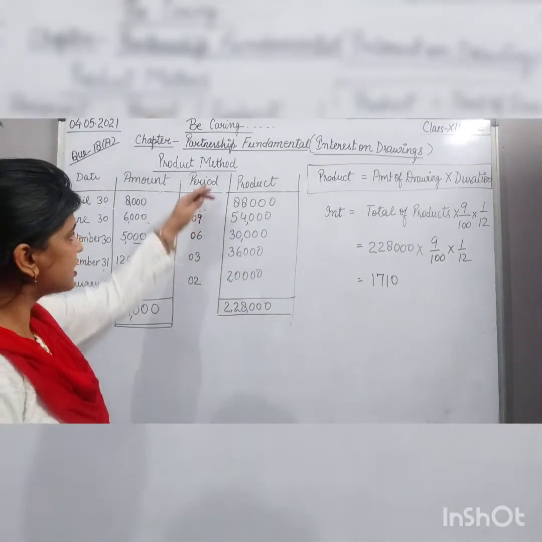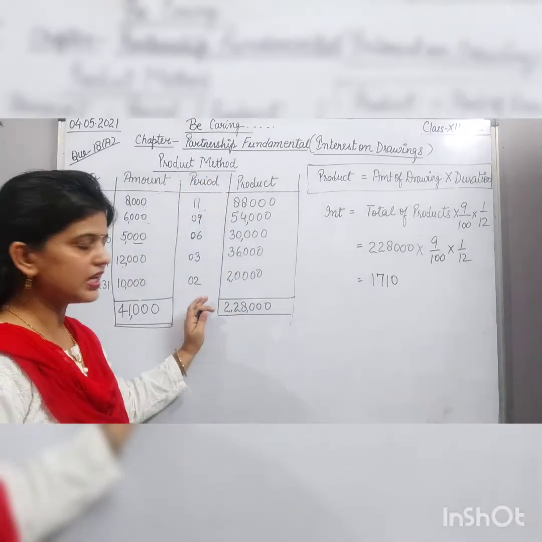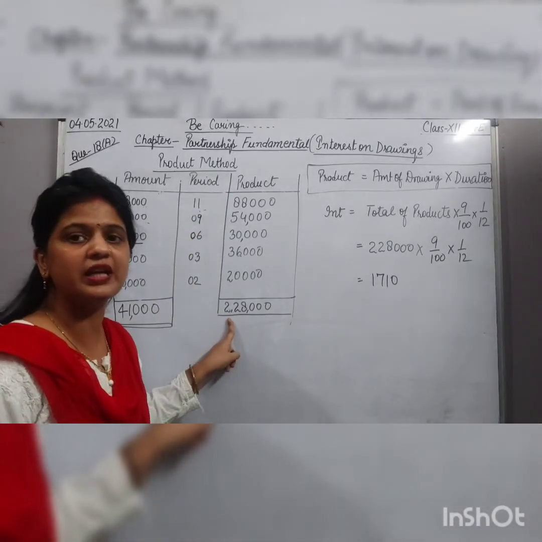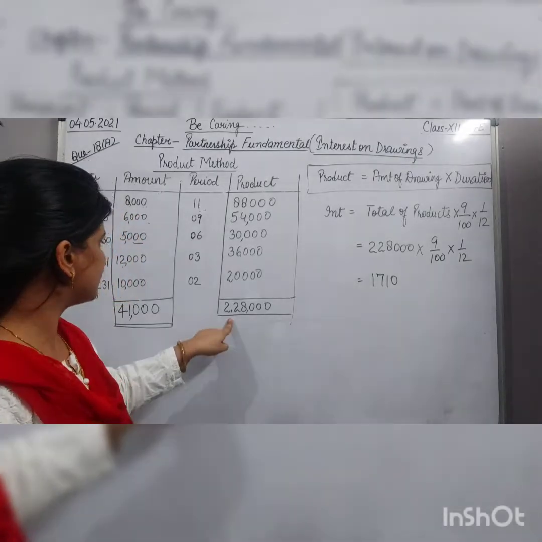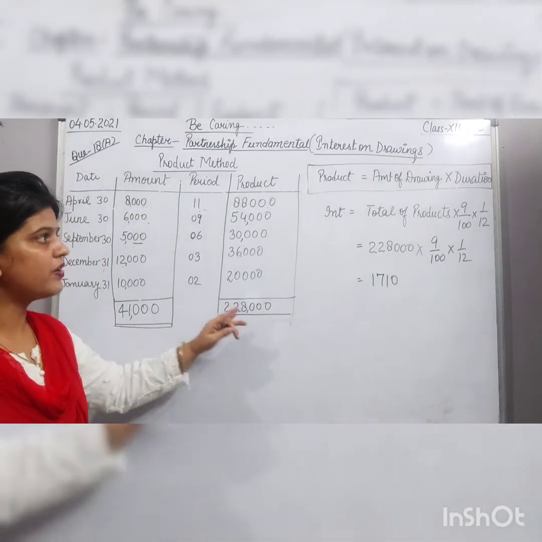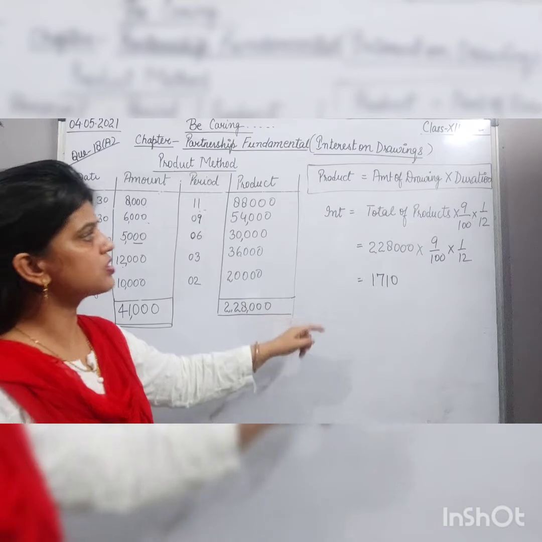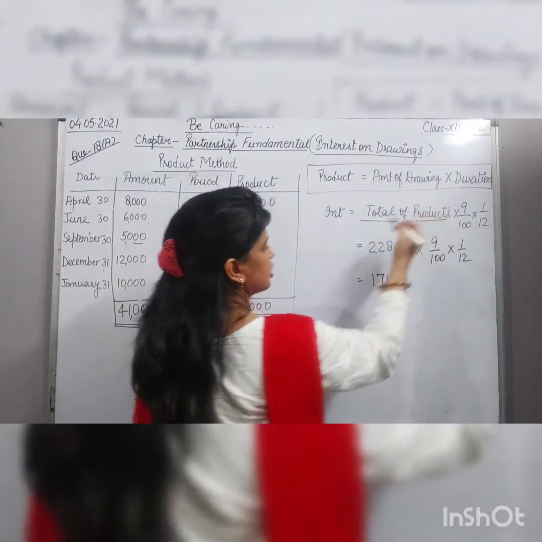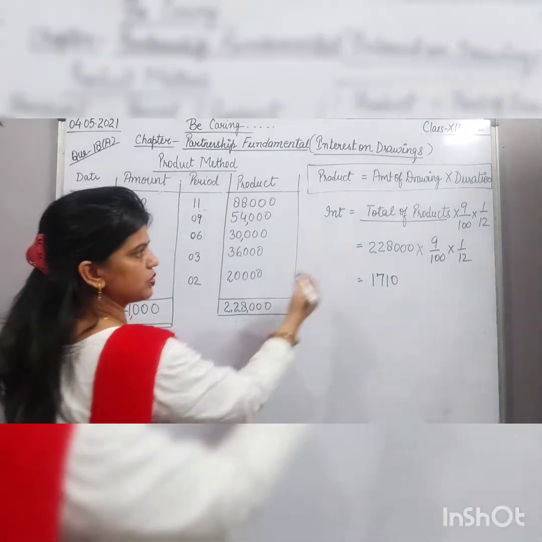After calculating the products for each set of drawing, now we add all the products, and we get 2,28,000. Now we put in the formula: interest on drawing, the total of product we have calculated, 2,28,000.